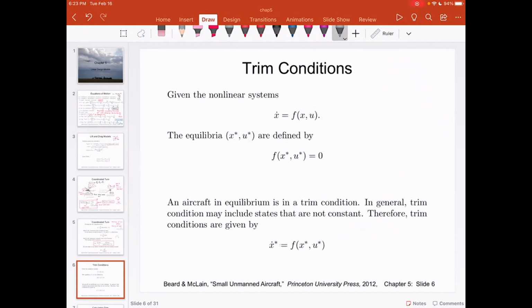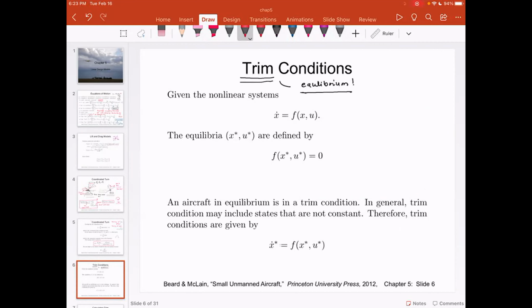The next part is talking about trim conditions. Trim, this word or concept, is prevalent in aircraft dynamics. Trim is nothing but equilibrium. Now, the equilibrium for aircraft is defined slightly differently than the equilibrium we study in statics or dynamics.